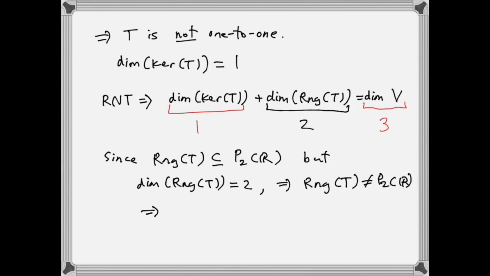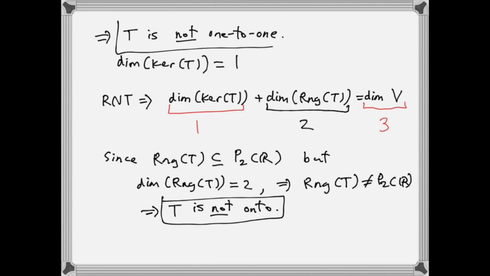So what this means is that T is not onto. So T is an example of a map that is not one-to-one and not onto.